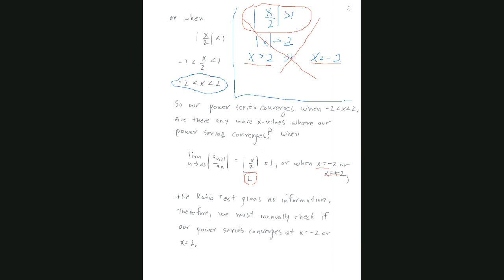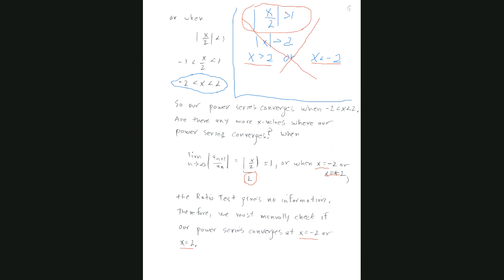So the ratio test gives no information in that case. So what do we do? Well, we have to manually check if our power series converges at x equals negative 2 or x equals 2.